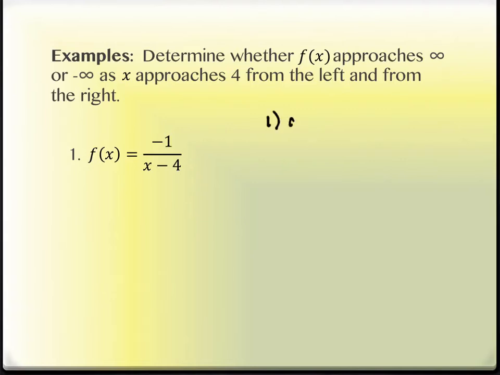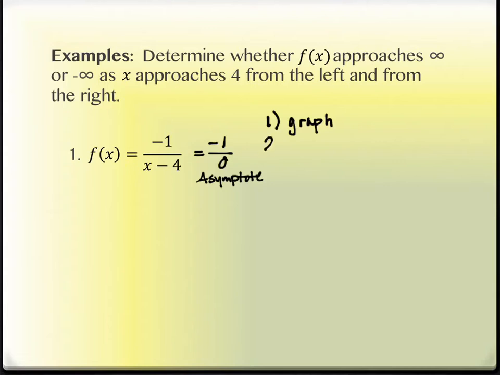If you attempt to simply plug in 4 here, what are you going to get? 0. In particular, only in the denominator. So there's no factoring, there's no canceling out. This is definitely an asymptote.